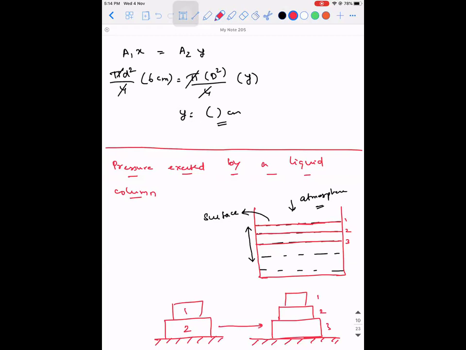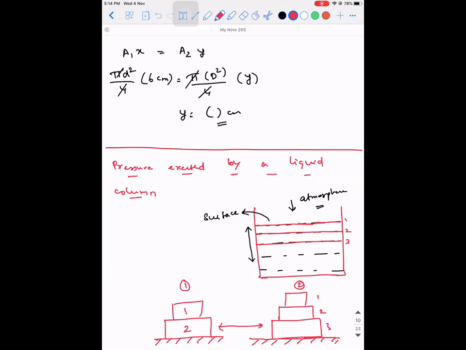In both the cases, on a comparative scale, the book at the bottom, which book at the bottom will experience more amount of force? Three, sir. So tell me, case 1 or case 2? Case 2, sir.